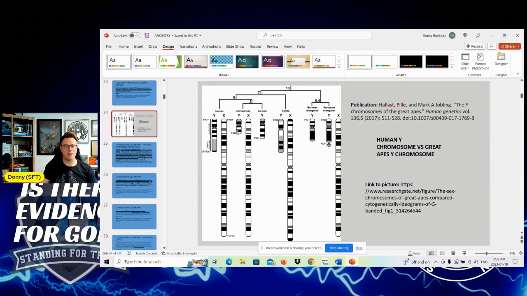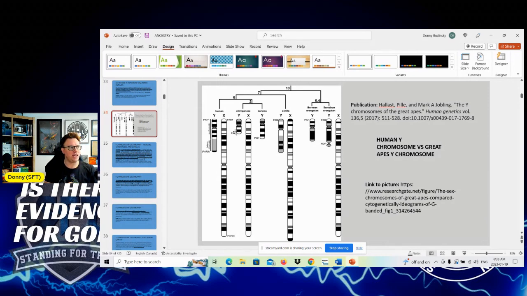You can see in the diagram, I actually just did an impromptu debate on this topic, among other topics related to ancestry, with several evolutionists. Up to this point, there's been no answer to this challenge, a challenge to universal common ancestry and human evolution specifically. You can see in the diagram itself, the chimpanzee Y chromosome is only half the size. It's very dissimilar, only about 35% the same.